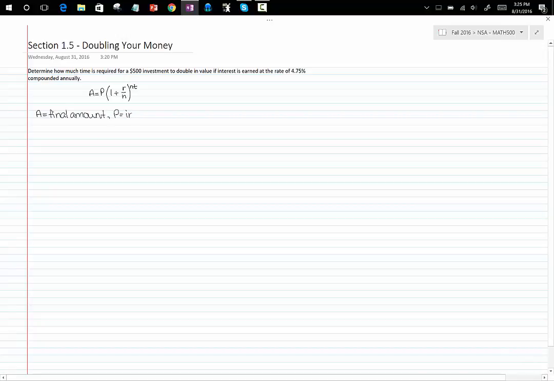P is the initial amount, so the amount that you start off with in the system. R is equal to the interest rate.